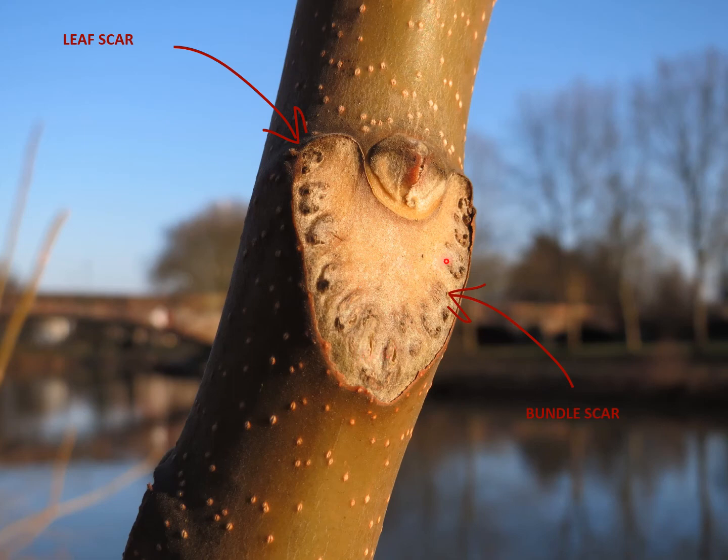Another distinctive feature is where, so here's sort of the bud. It hasn't really formed, so this is during winter, and you're not really seeing a distinctive bud here, but a bud would be here, and it's kind of forming or has formed depending on when this is. But where that occurs, here it's kind of indented into the leaf scar, so you get this horseshoe kind of shape of the leaf scar.